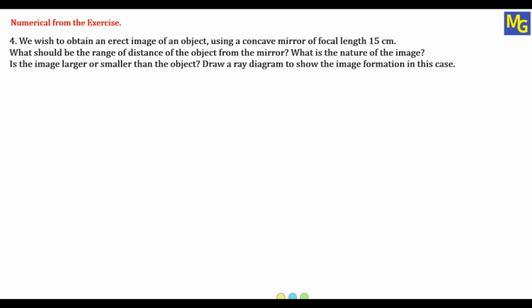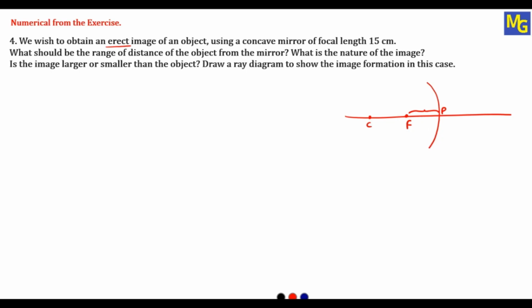As we move our object towards the concave mirror, see here, this is our concave mirror, this is our principal axis, this is called pole, this is center of curvature, and imagine this is the focus, the principal focus. This distance is called the focal length, small f. And whatever image we are going to get here, it should be erect.